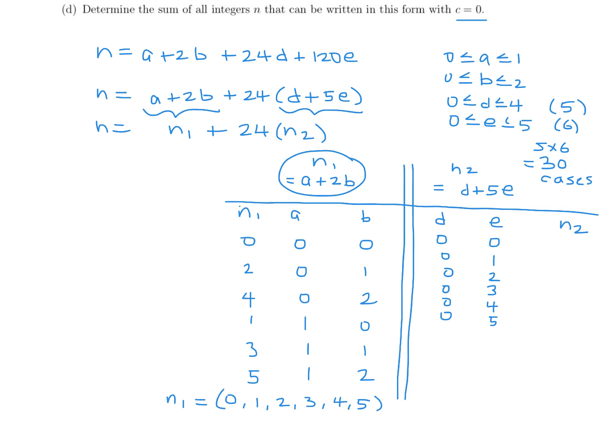I'll just list another set, I guess. So let's do D equals 1. So 1, 2, 3, 4, 5, 6. And then, of course, 0, 1, 2, 3, 4, 5. Okay. Now let's figure out the n's, the calculation for n using that formula.